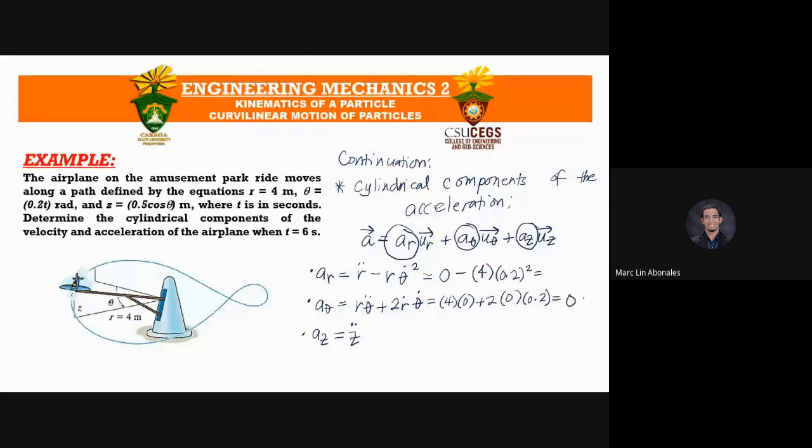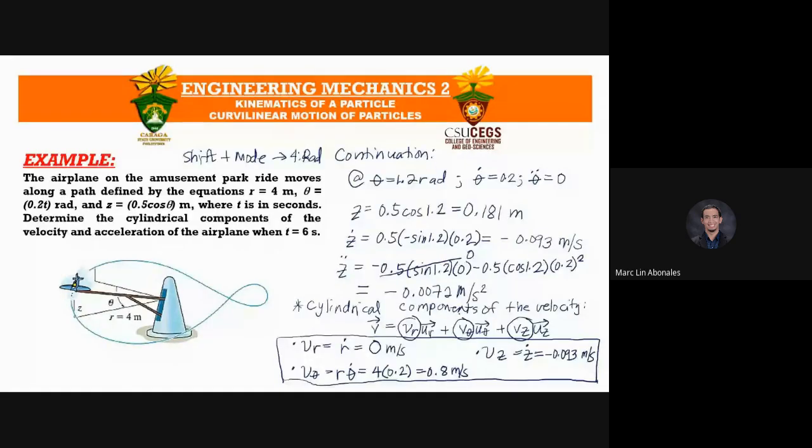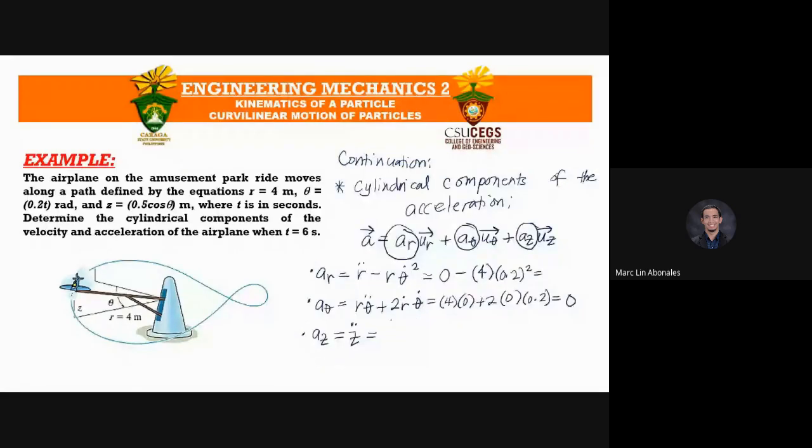And lastly, ang sa AZ, that is negative 0.0072. O pila man imo ang AR? What's the value of your AR nato? Or the radial component of the acceleration?